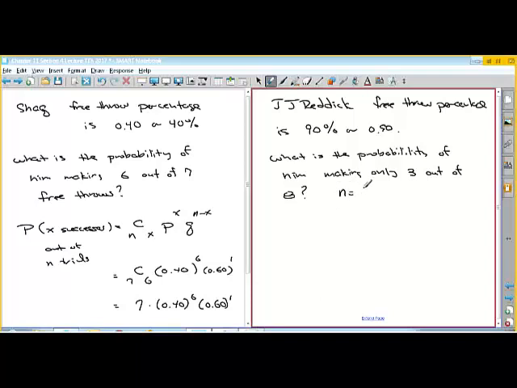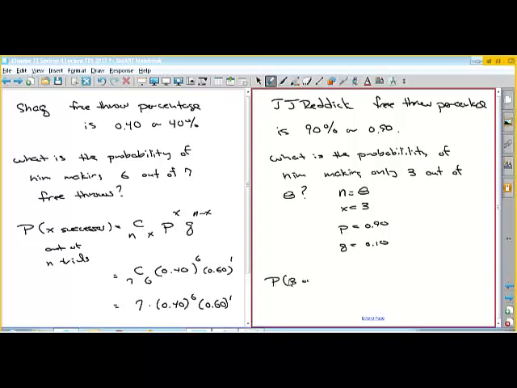So n is the number of trials. How many trials do we have? 8. Okay. How many successes do we have? And what's the probability of success? Yeah. What's the probability of failure? Okay.